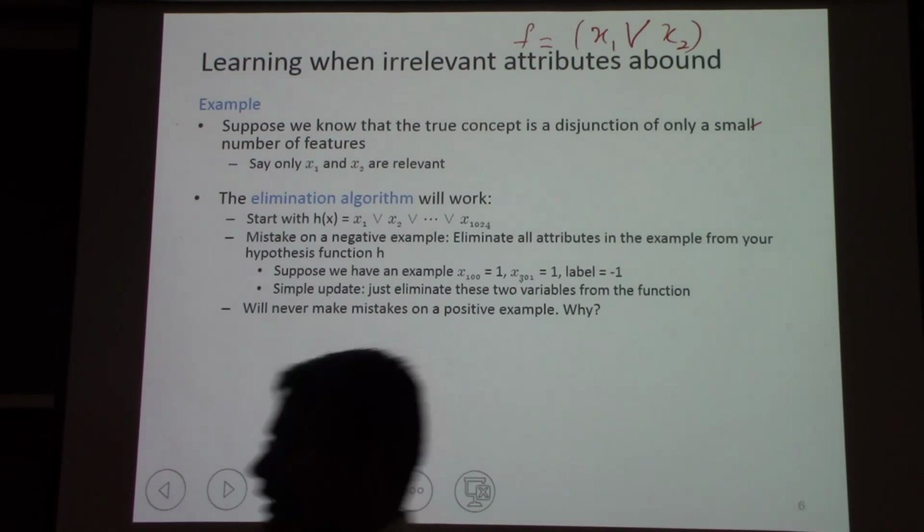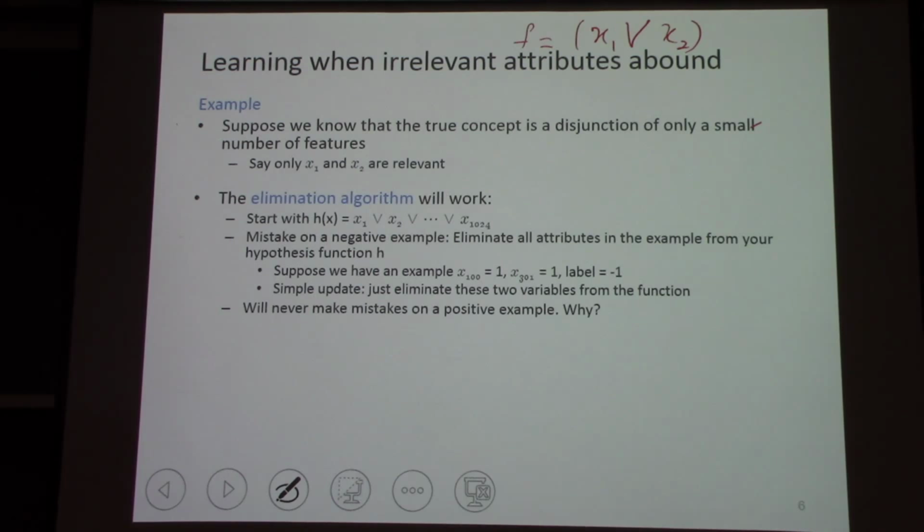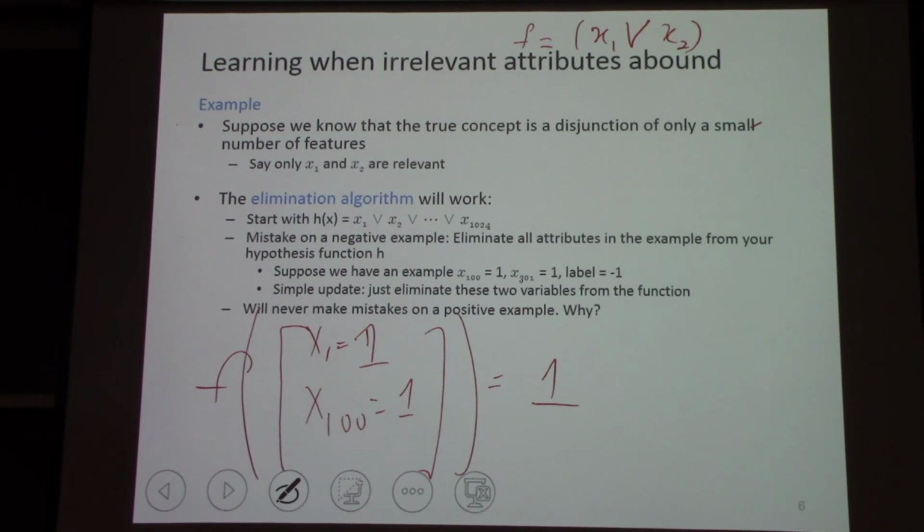So let's take an example. The true function is x1 or x2, and a new input comes in, which is x1 equals 1, and let's say x100 equals 1. The function is x1 or x2, which means x1 is true, which means the function is true. So f applied to this equals 1, right?